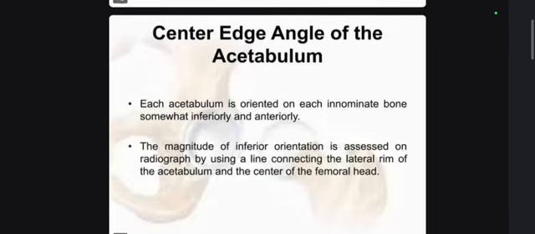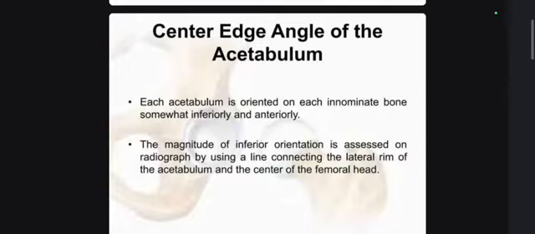Next, about the center edge angle of acetabulum. Each acetabulum is oriented on each innominate bone somewhat inferiorly and anteriorly. The magnitude of inferior orientation is assessed on radiograph by using a line connecting the lateral rim of the acetabulum and the center of the femoral head.